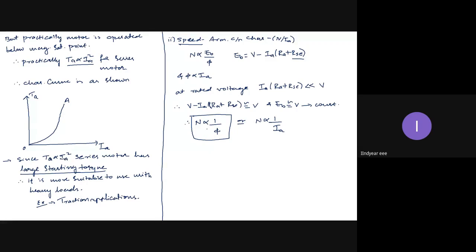But because practically we don't operate in the saturation region of the magnetic core, I will not worry much about magnetic saturation hereafter. So here, as load increases, armature current IA increases.